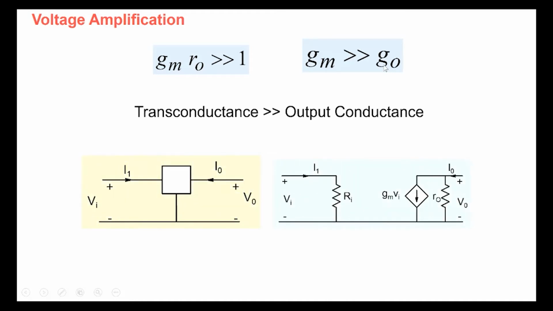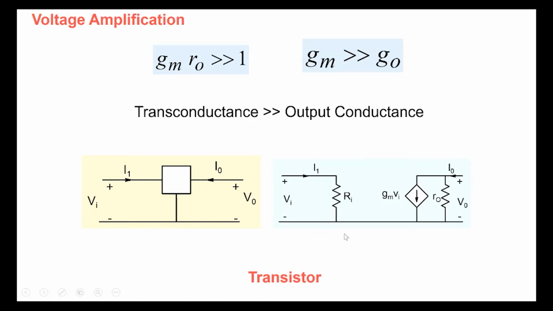So if we want to build an amplifier using a 3-terminal device, a necessary condition is that transconductance must be much larger than output conductance. gm here must be much larger than 1 over R0. That's a necessary condition for obtaining voltage amplification.